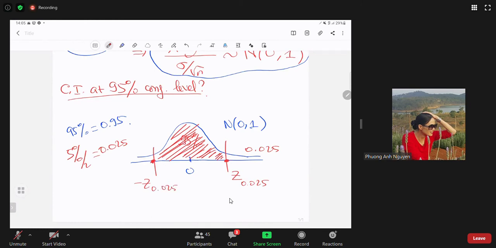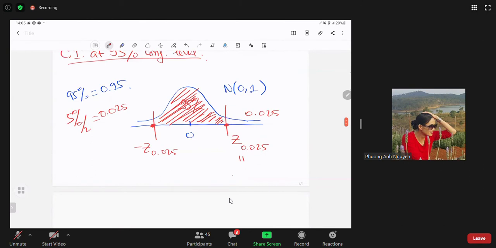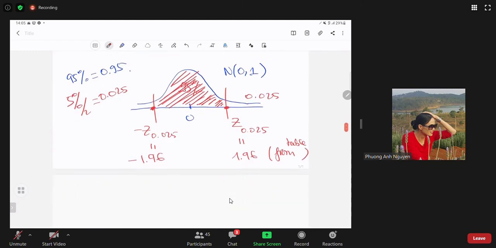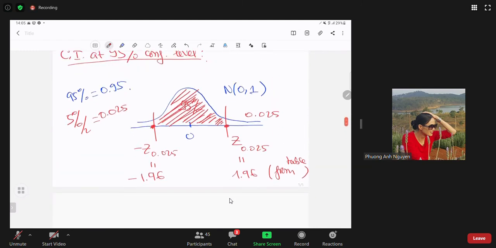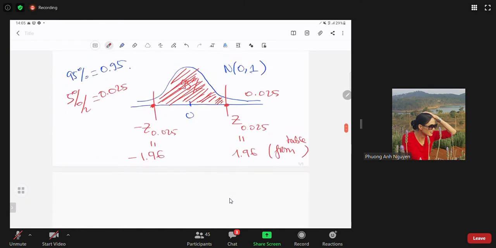Remember what value it is? You can check. It is 1.96, and negative 1.96 from the table. Any statistical table will give these values. So what does it mean? It means I already have the interval capturing 95% of the population.